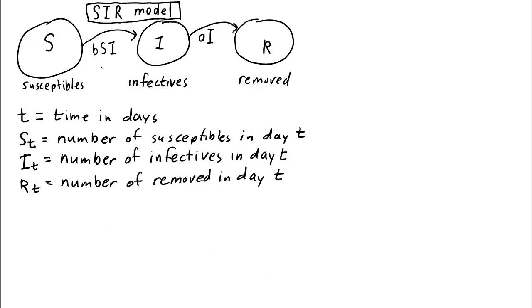Now we need to interpret these rates. Let's look at them this way. Since we have a discrete dynamical system, let's view these rates as just being changes.